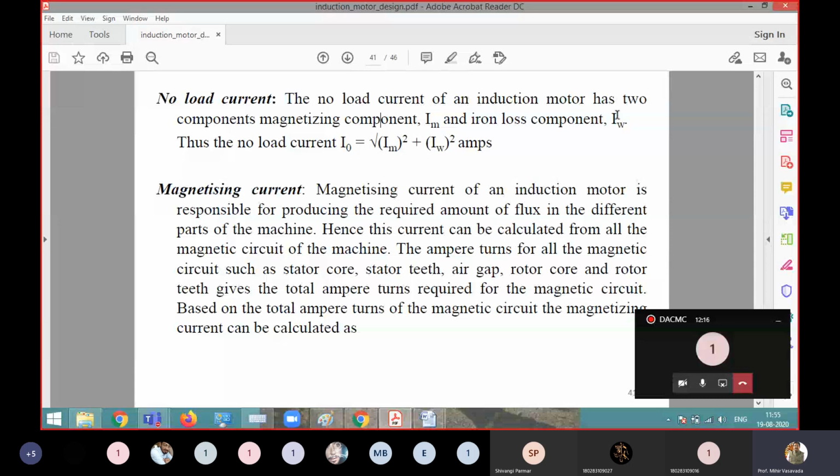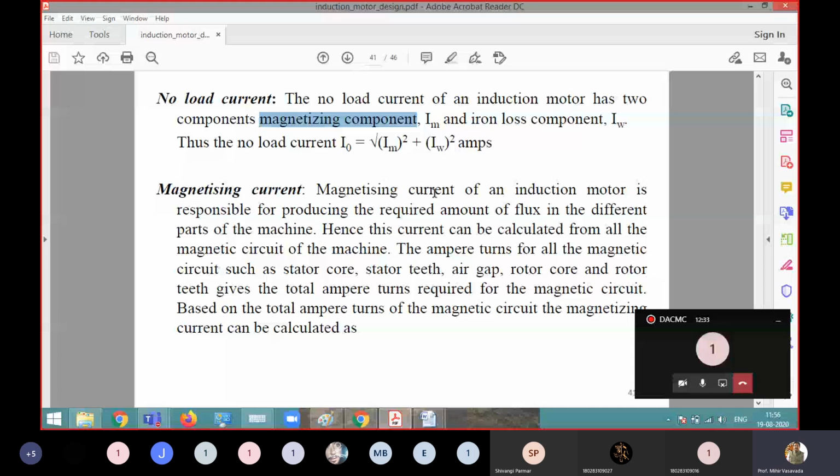The first component, the magnetizing component, is responsible for establishing the required flux in different parts of the machine. There are 5 parts we saw yesterday: air gap, stator core, stator teeth, rotor core, and rotor teeth.